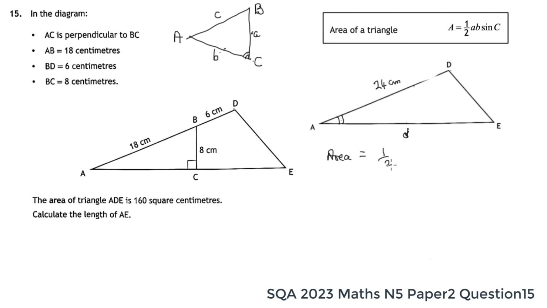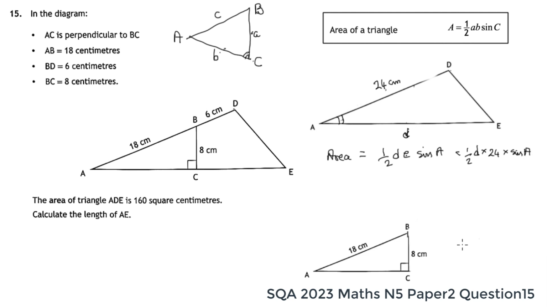Well, it's a half of side little d times little e times the sine of the angle in between them, which is A. So we do know some of these things. Little d we're trying to find out. Little e is 24. And the sine of A, well, let's have a look at that triangle.